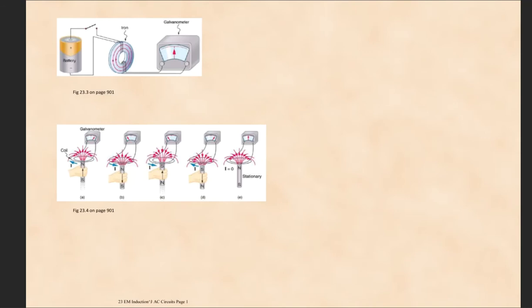And when I take the south pole and move it down away from the loop, again, I get the opposite direction of current compared to the same operation with the north pole. Also, no matter where the bar magnet sits, when it's stationary, there's no signal. There's no movement of the needle.